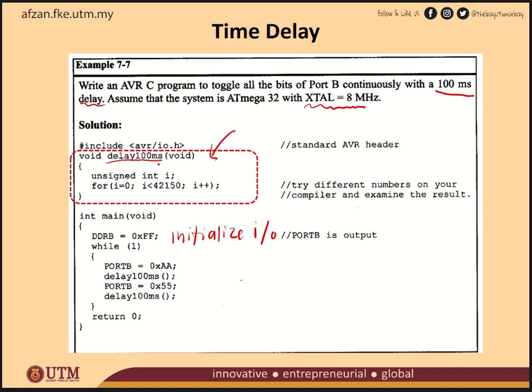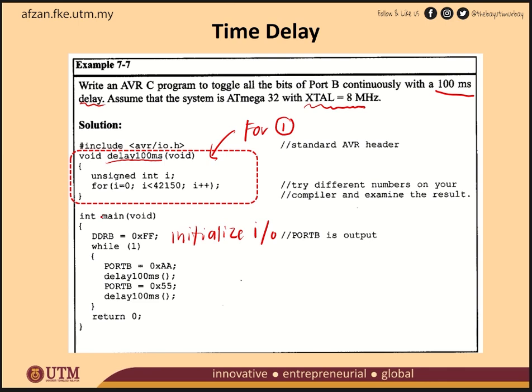Unsigned integer i; for i equal to 0, i less than 4150, i plus plus. So here you create a 100 millisecond delay by using a for loop. This is the first method to create a delay, by using a for loop.